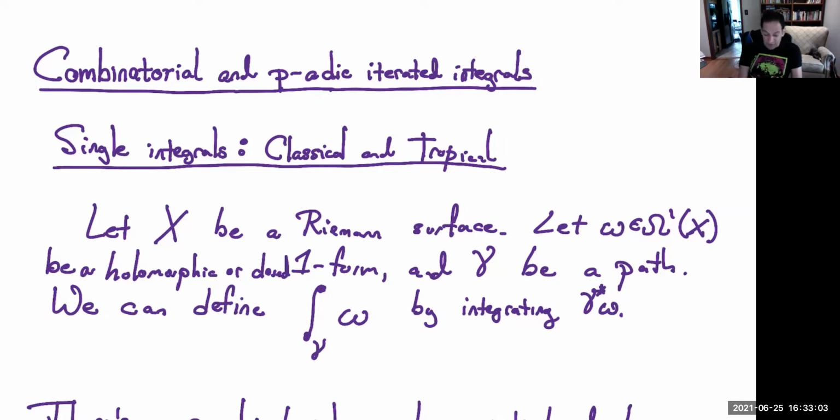Now, there's a combinatorial analog introduced by Mikhalkin and Zharkov, and here gamma is going to be a metric graph. I'm going to switch back and forth between metric graphs and combinatorial graphs, where you would think of every edge as having length 1, probably without telling you. And eta is going to be a tropical one-form.